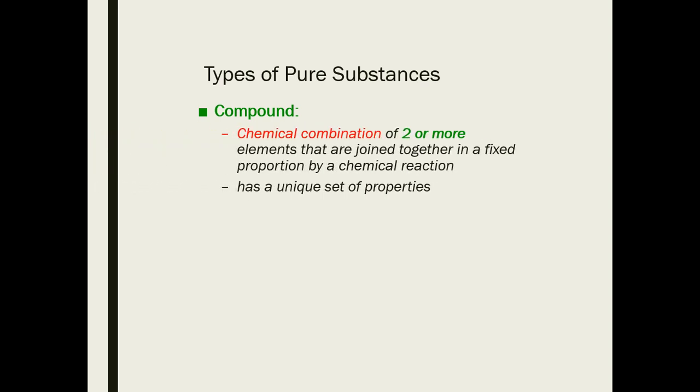The other category of pure substances are compounds. Compounds are when you have a combination of two or more elements, and they are combined together, and this is the key, in a chemical reaction. You're going to have chemical bonding between the elements, and each one of these compounds has its own unique characteristics.